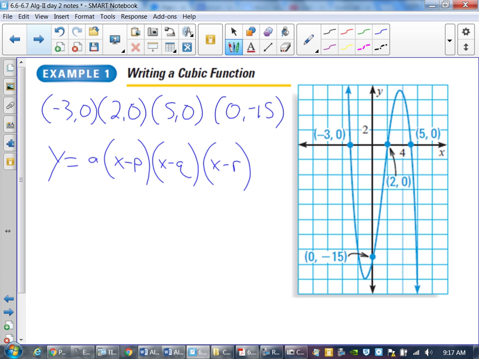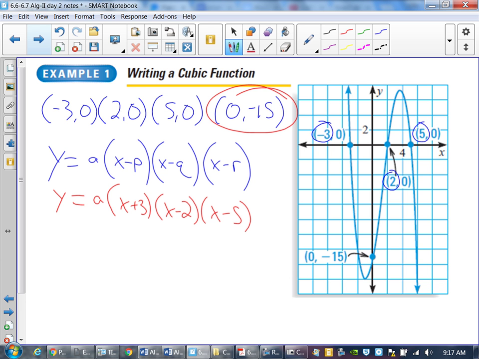So in this case, you've got 3 zeros. You've got a 0 at -3, a 0 at 2, and a 0 at 5, which means my terms are going to be x plus 3, x minus 2, x minus 5. And this is now where the other ordered pair comes into play, because what are those?